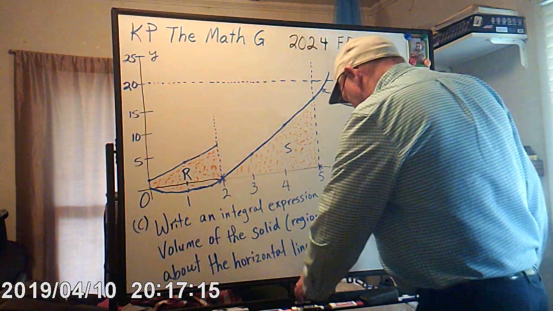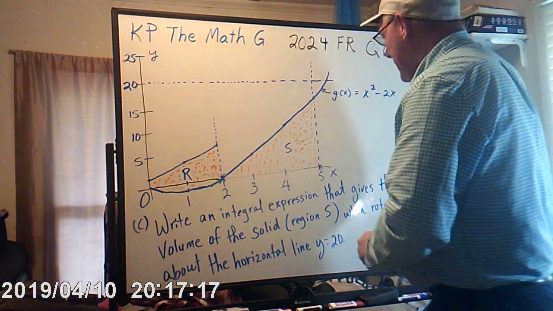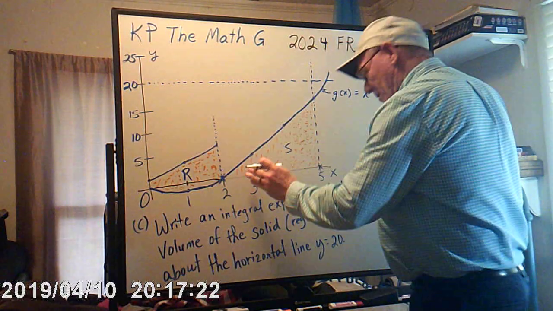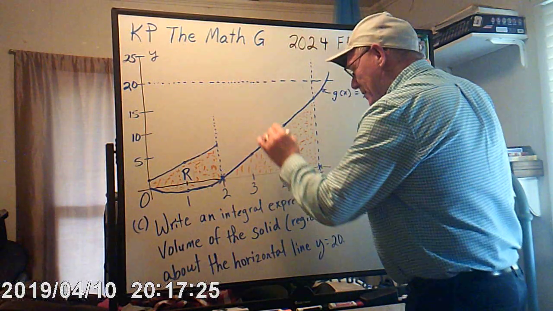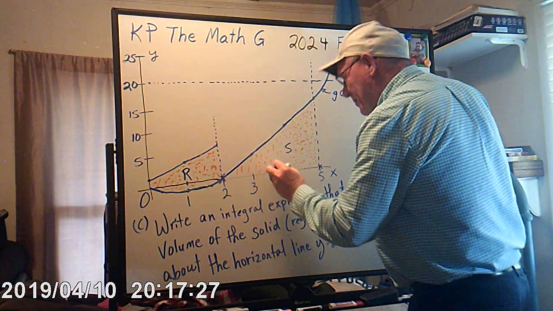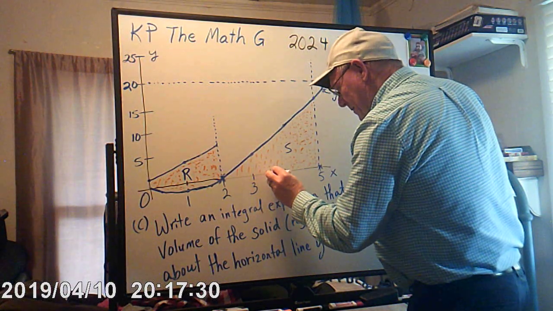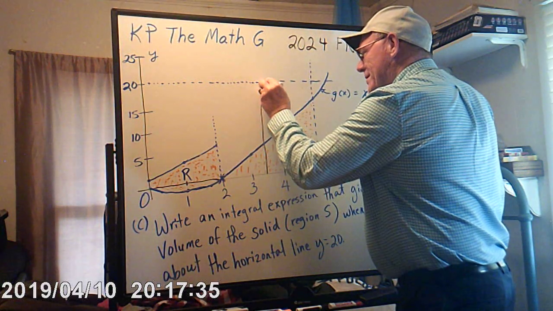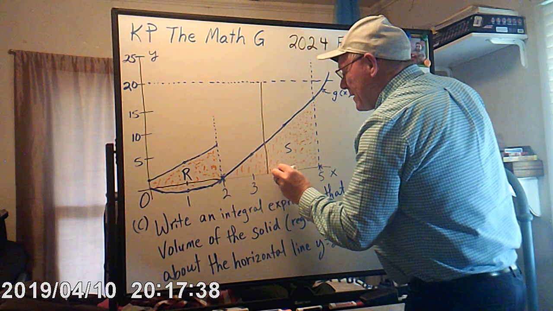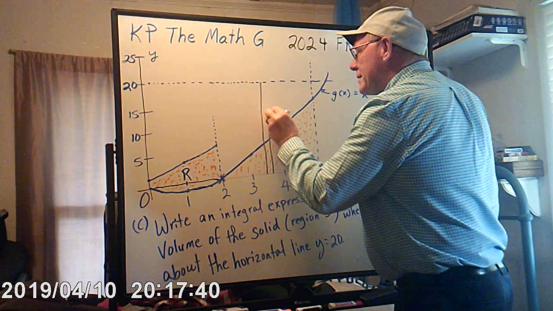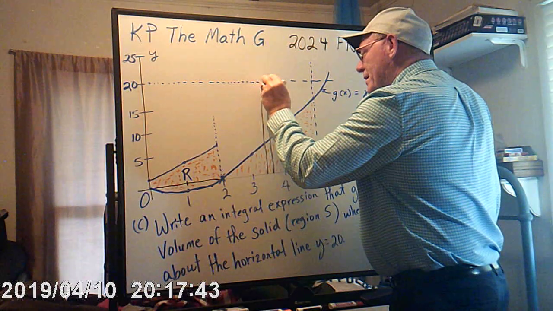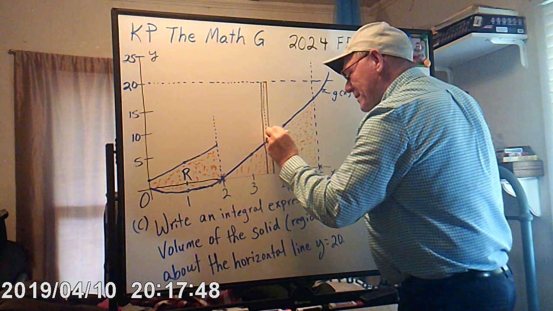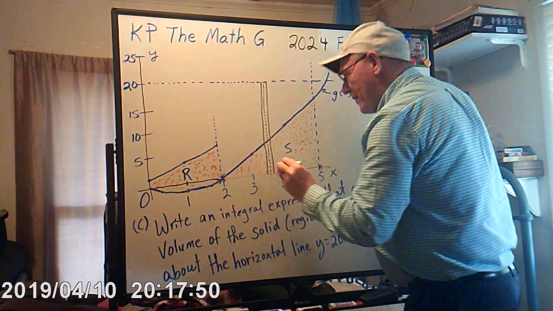So we have to revolve this whole region, starting from here, about this line here. Let's see if we can do that. I'm going to have to throw away some pens and buy some new ones. Alright, here it is. It's going to be revolved about this line right here.